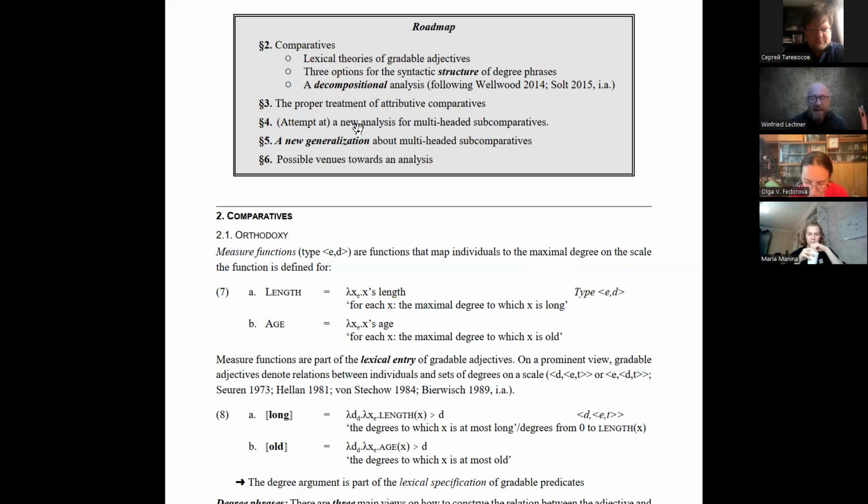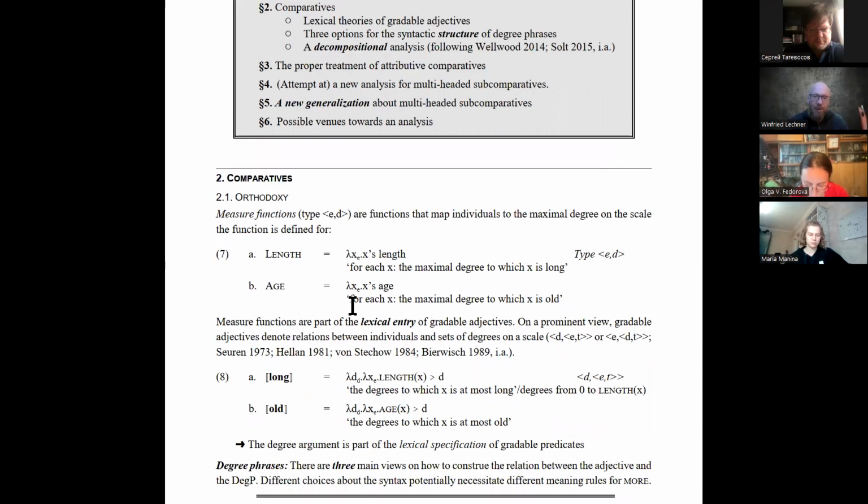In a second part, if we have time enough at least, I will talk about some basic properties of multi-headed comparatives. And we'll see that there is an interesting restriction, and I would like to get your feedback on that set of data, because it's not really clear what its empirical scope is even. Okay, but let's start here.